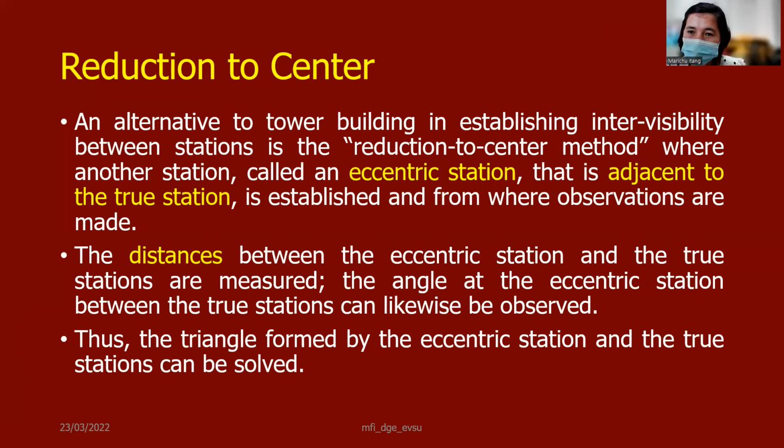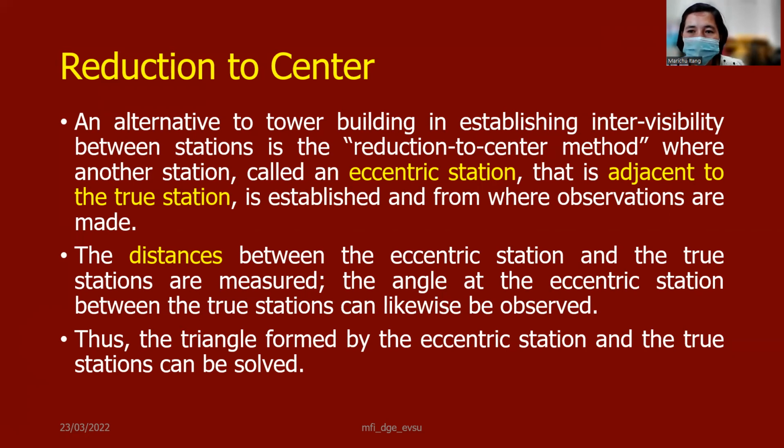So since it's impossible to set up the instrument at your true station, then you can do that while you establish an eccentric station. So this eccentric station can form a triangle, and you can compute the angle and the distance to determine the angle that we want to determine at our true station.